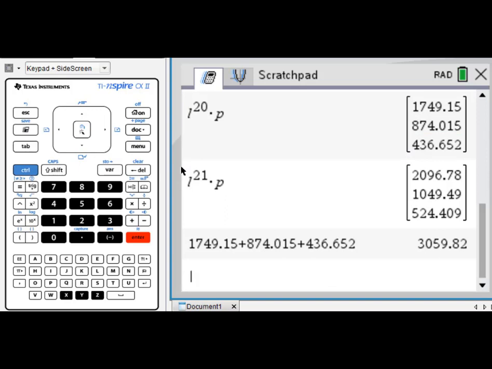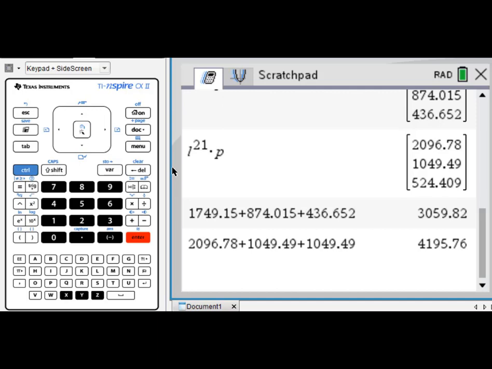So that's that total, and then for the other one, and there are our two totals.